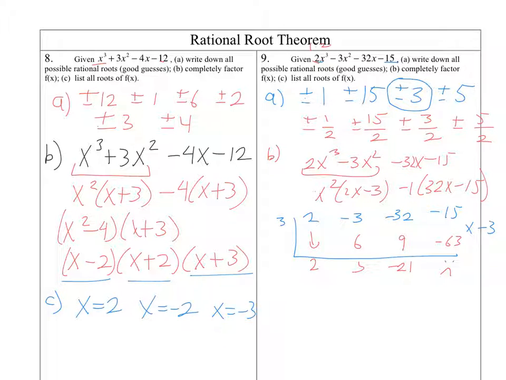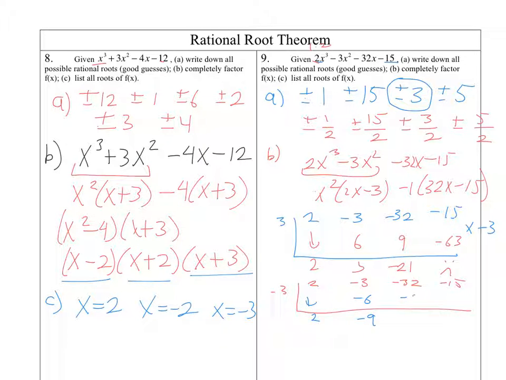Okay, maybe negative 3 would work better. So 2, negative 3, negative 32, negative 15. Bring the 2 down. Negative 3 times 2 is negative 6. Negative 3 plus negative 6 is negative 9.